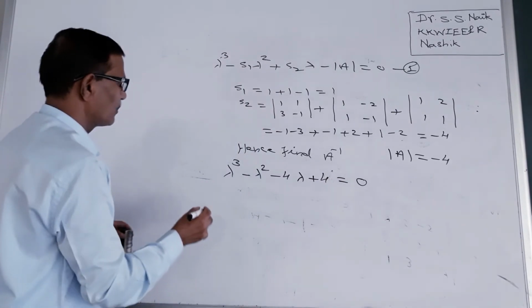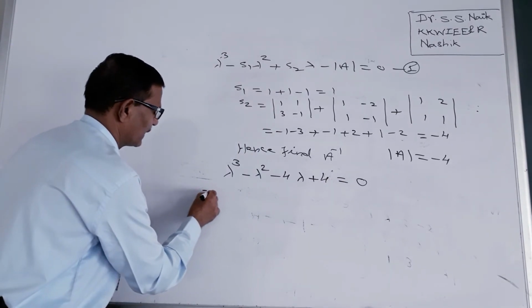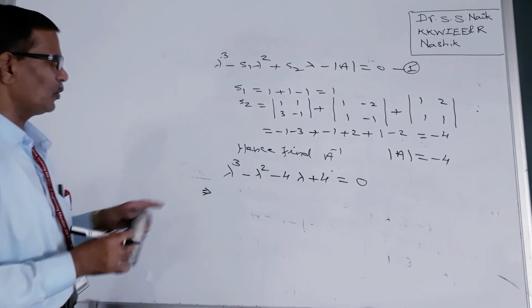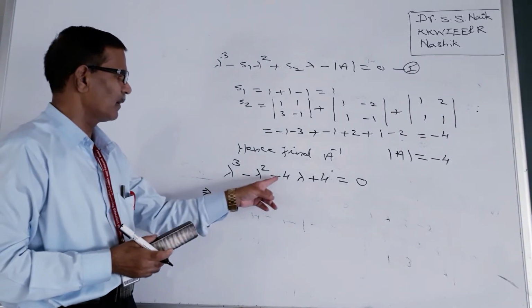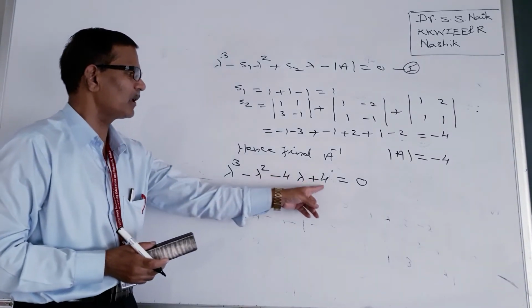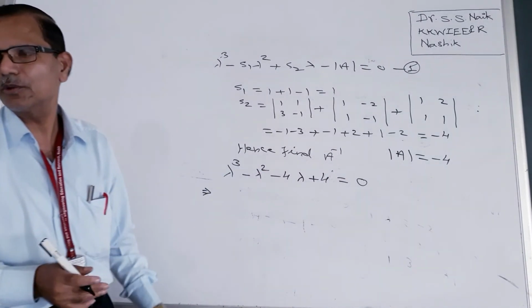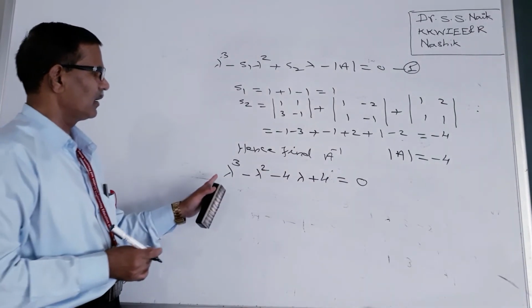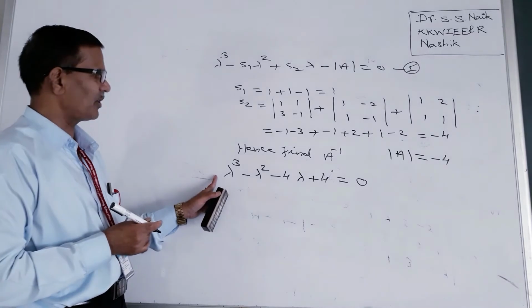That implies lambda cube minus lambda square minus 4 lambda plus 4 is equal to 0 is the characteristic equation of the given matrix.